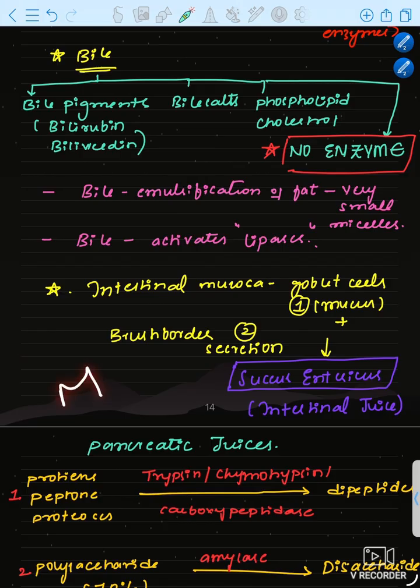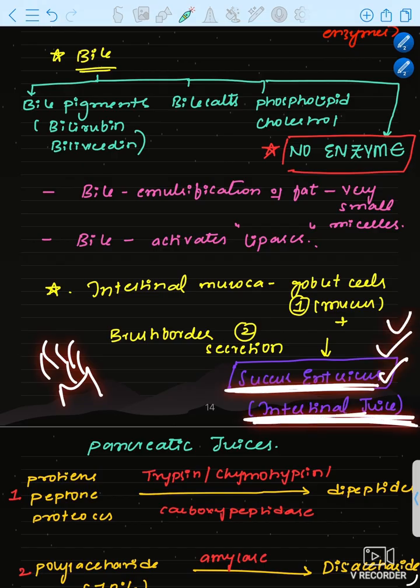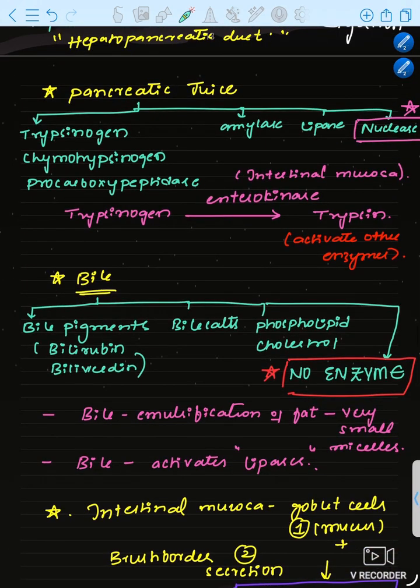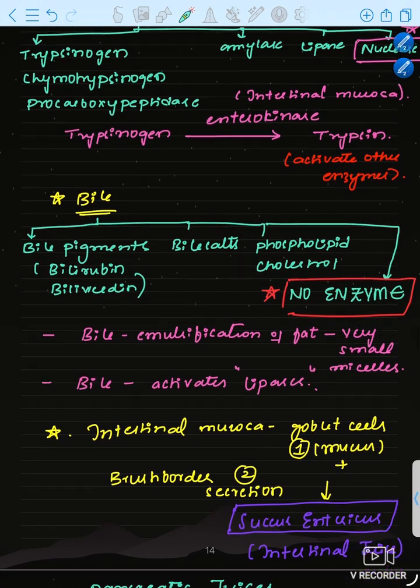From brush border cells, secretions will be released. Those are succus entericus, that is intestinal juice. Okay. This is all about the pancreatic juice and bile juice.